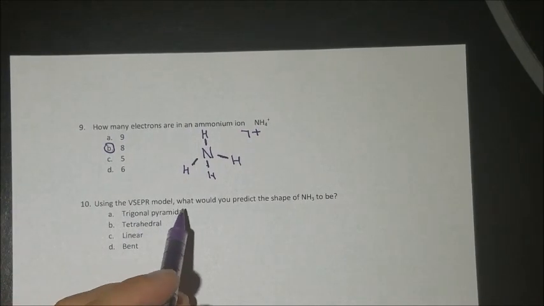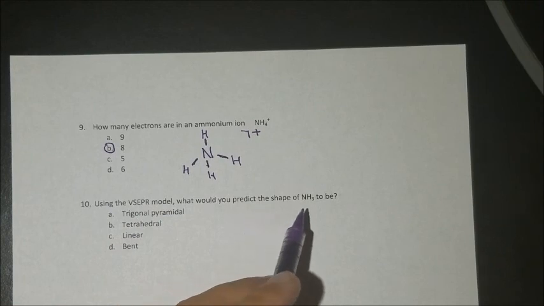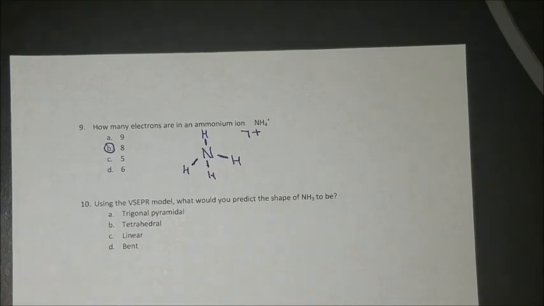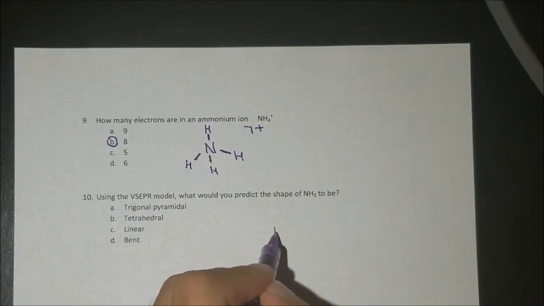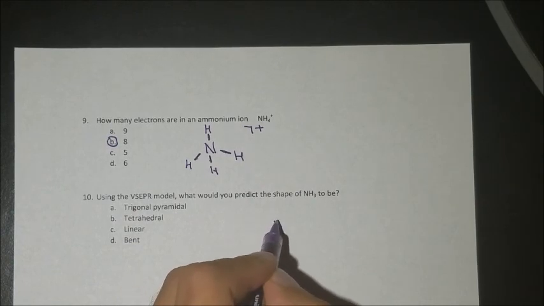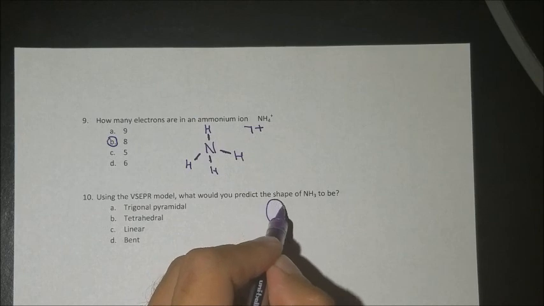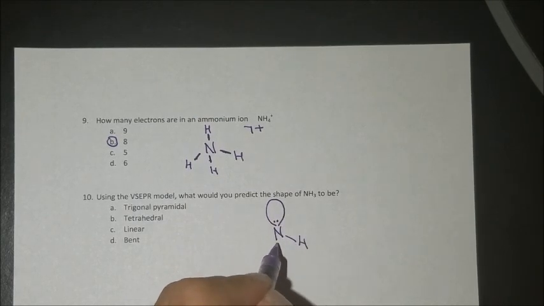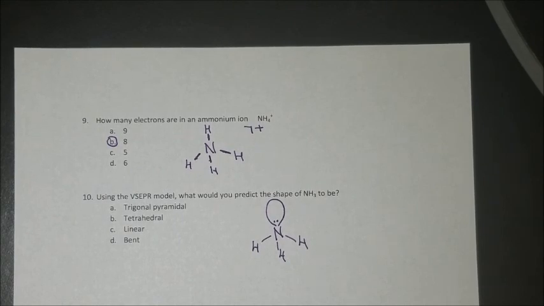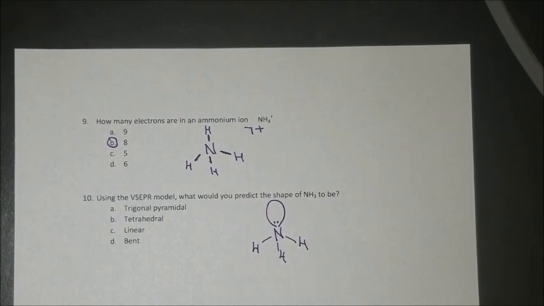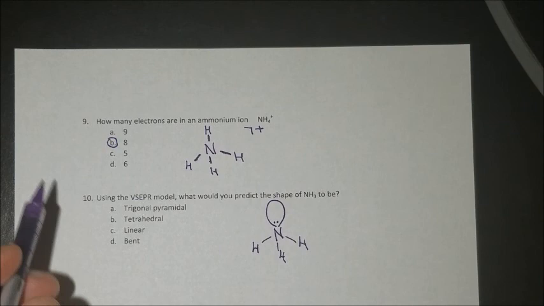Using the VSEPR model for number 10, what would you predict the shape of the NH3 molecule to be? So ammonia. Let's go ahead and draw it again. Just like that. So we got our NH3 molecule, and we have to remember a few things.